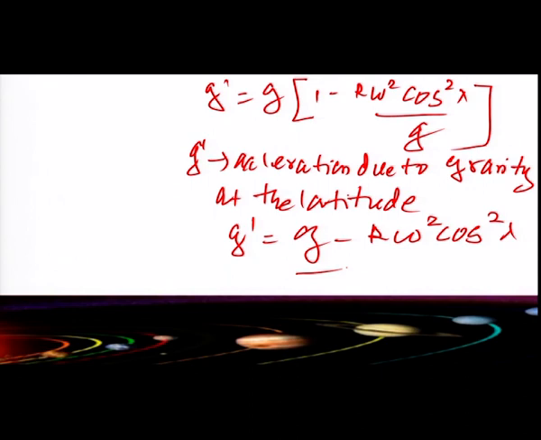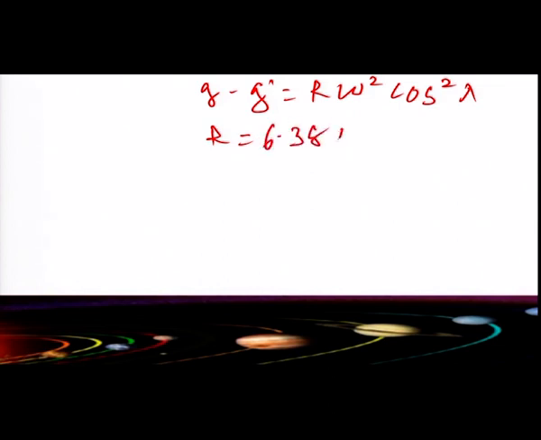So, g minus g dash is the change in the value of g, which is given by r omega squared cos squared lambda.